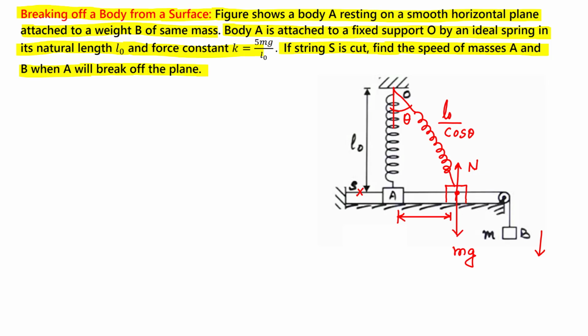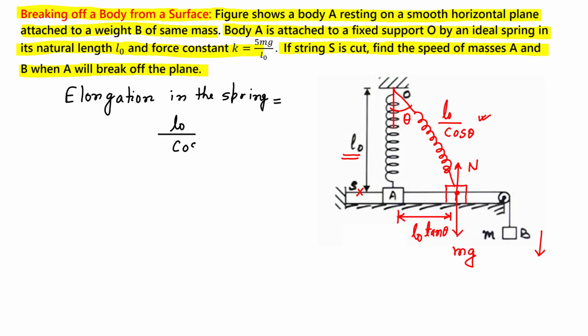So what is the elongation in the spring? The natural length was L naught and at this point of time the length is L naught by cos theta. So at this time the elongation in the spring is L naught divided by cos theta minus L naught.